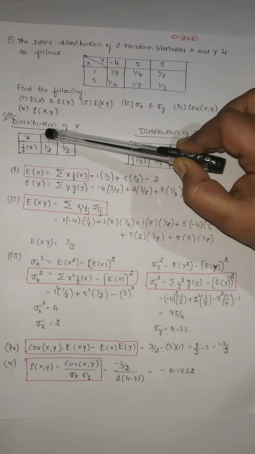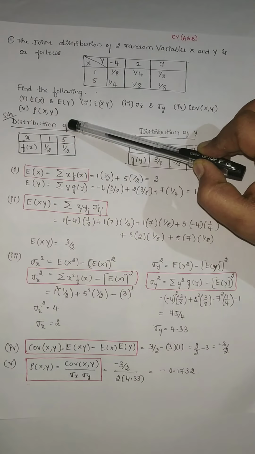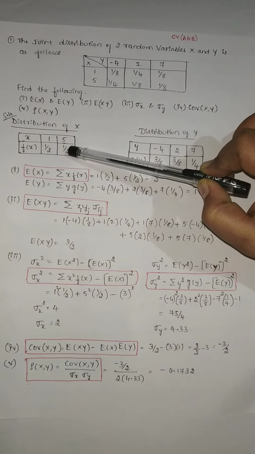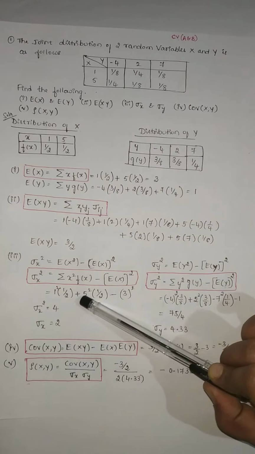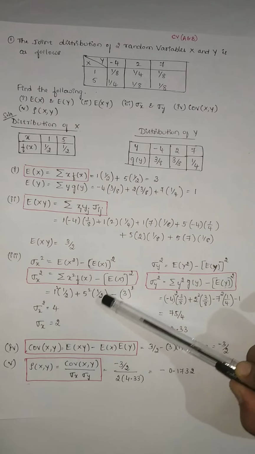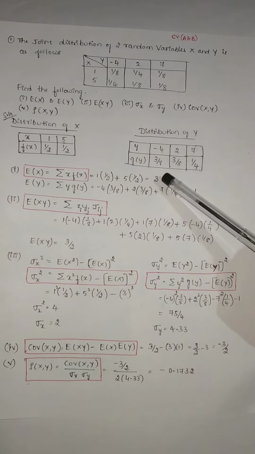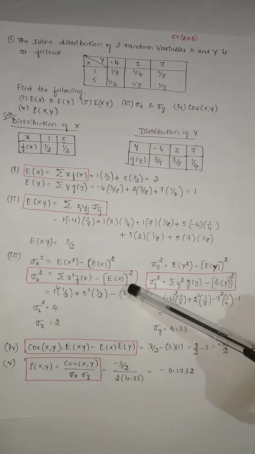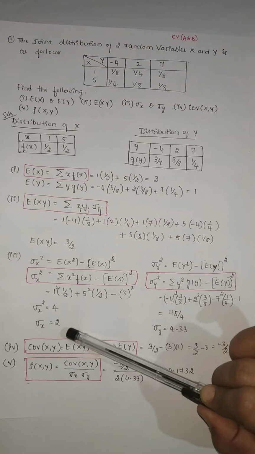So here 1 square multiplied with 1 by 2, plus 5 square multiplied with 1 by 2, minus E of x value, 3 square. Now simplify to get sigma x square as 4 and sigma x as 2.